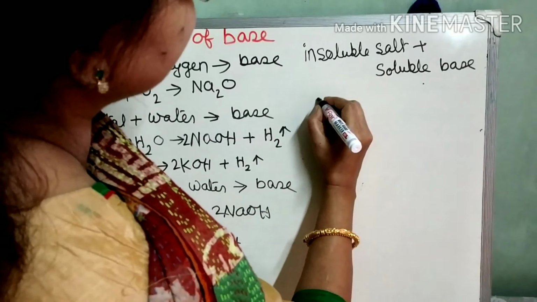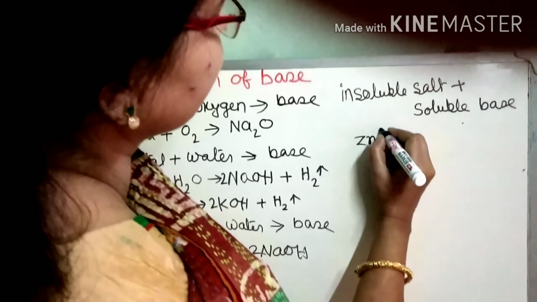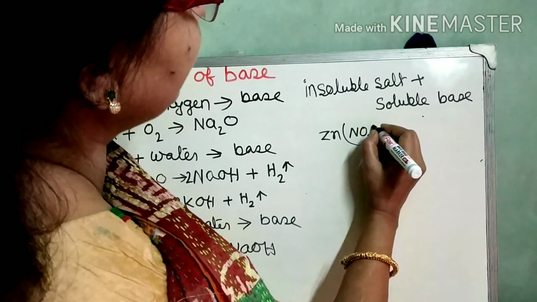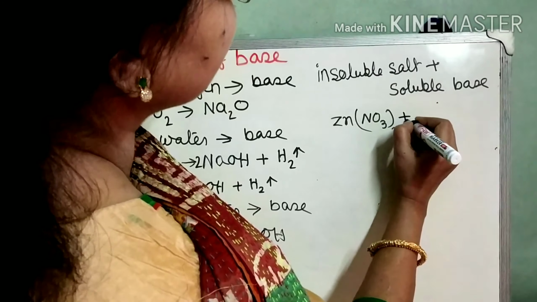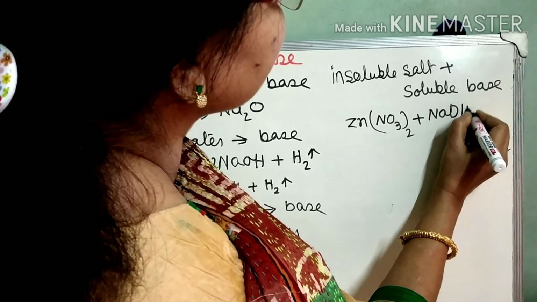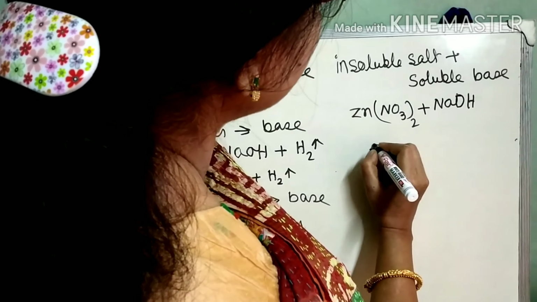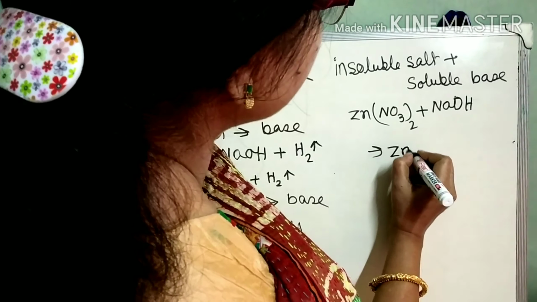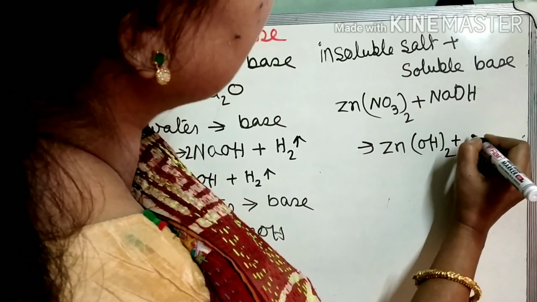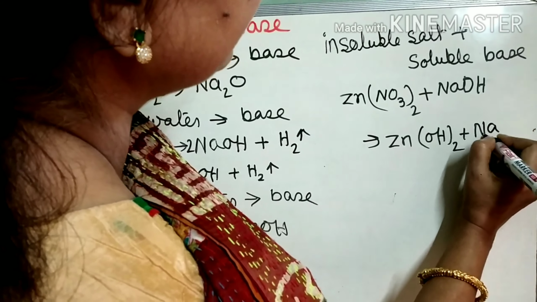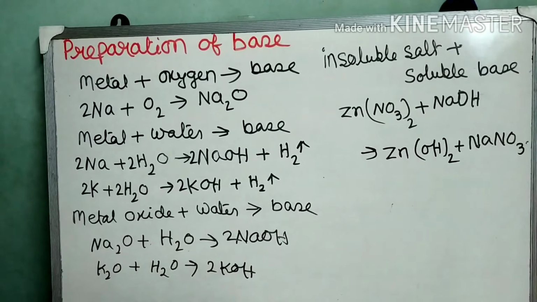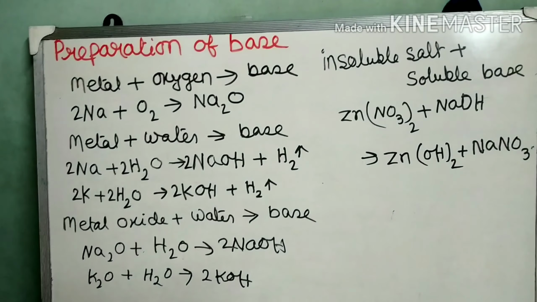See example, Zn(NO3)2 plus NaOH gives Zn(OH)2 plus NaNO3. This is the preparation of the base.